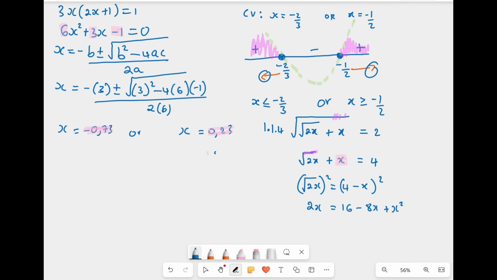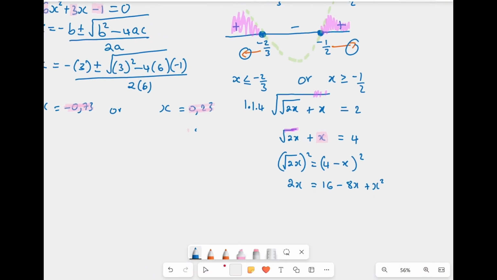So remember, squared means the bracket exactly as it is, repeated twice. Now, from here, we can see that the highest exponent is 2. So we need to write our equation in standard form. So we are going to transpose 2x, take it to the right.